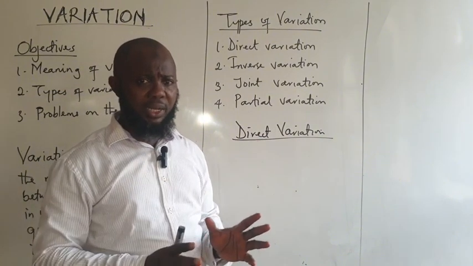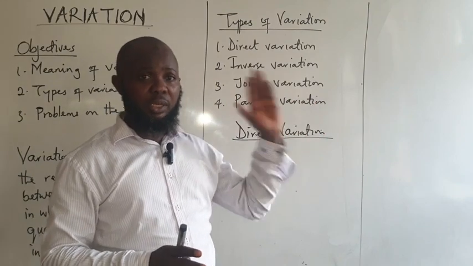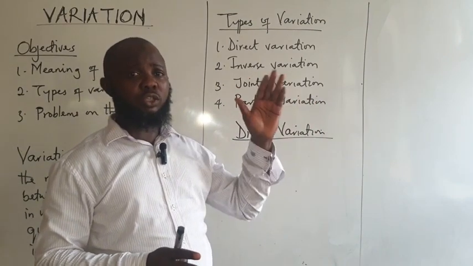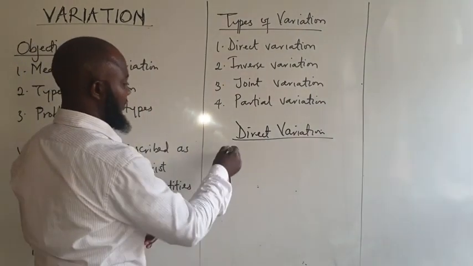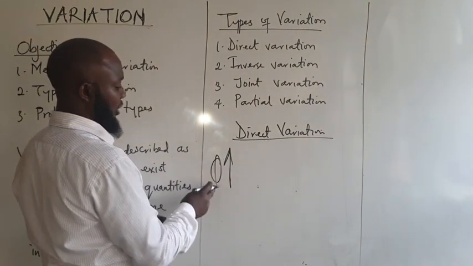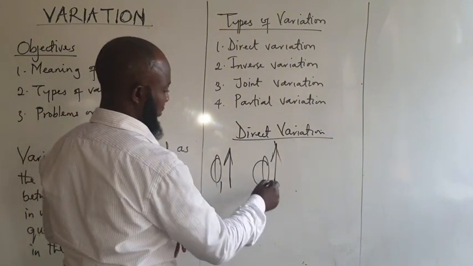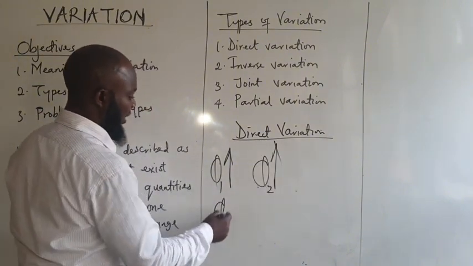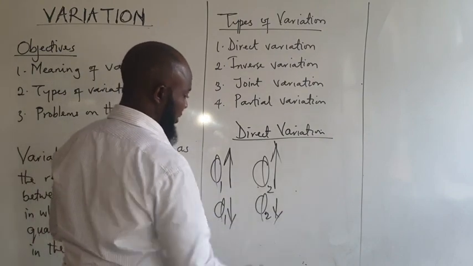I hope this is very clear. An increase will lead to an increase. A decrease will also lead to a decrease. So they're moving in the same direction. That is, if the first quantity is increasing, the other quantity will also be increasing. If quantity one is decreasing, quantity two will also be decreasing.